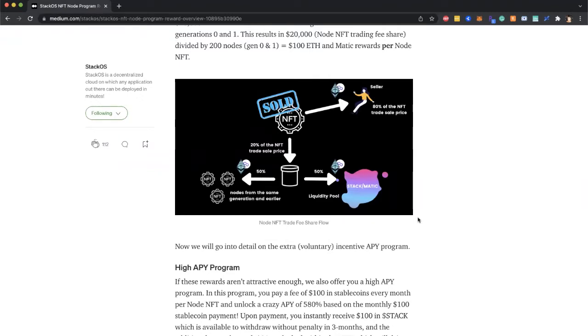So that's kind of the structure. Basically, the more trading happening on the network, the better it is for holding a sustainable price. And then it also helps in rewarding the early generation of NFTs. Now that is kind of the ETH rewards, the Matic rewards, and that's where it comes from, right?